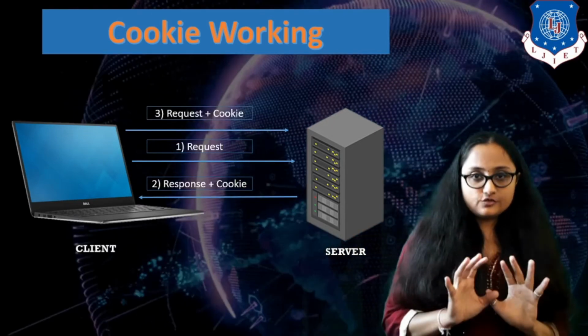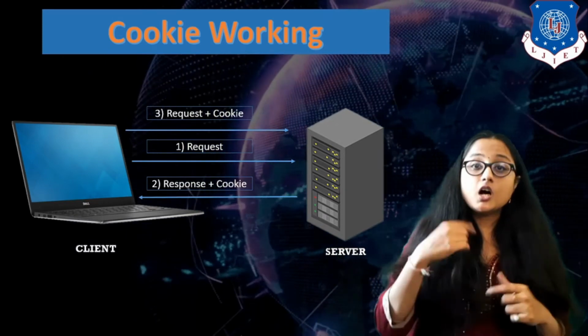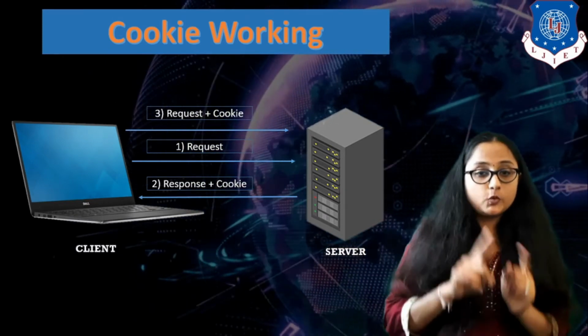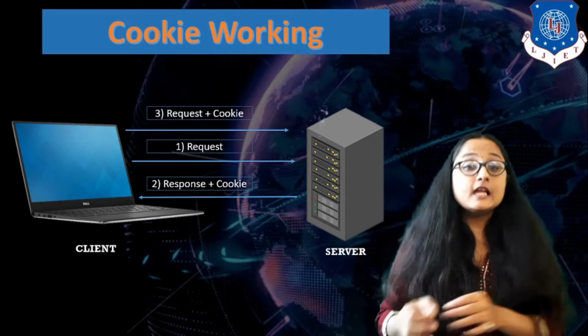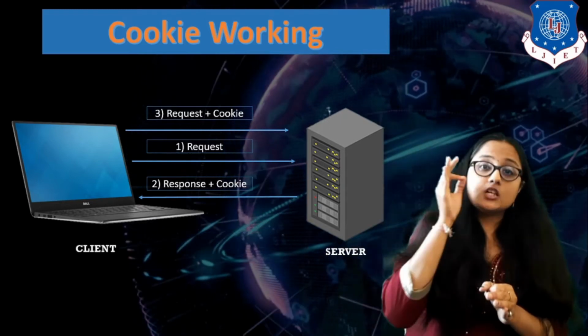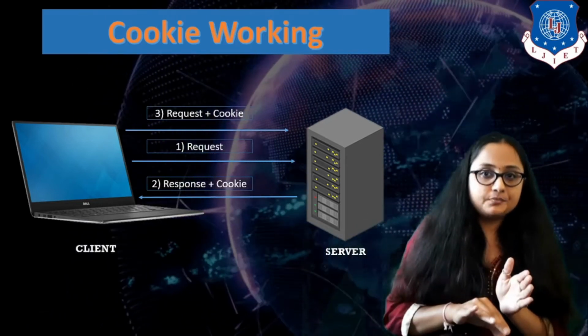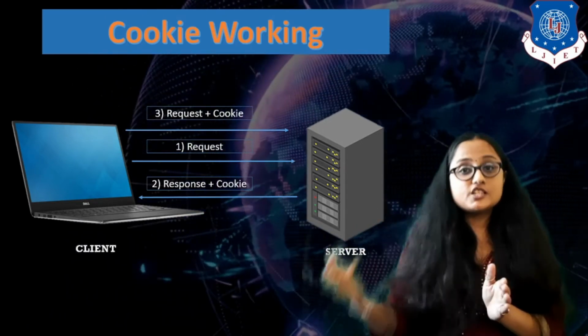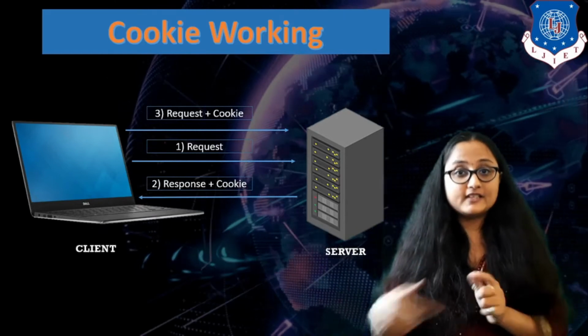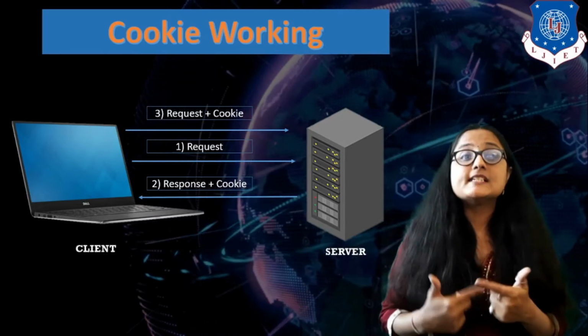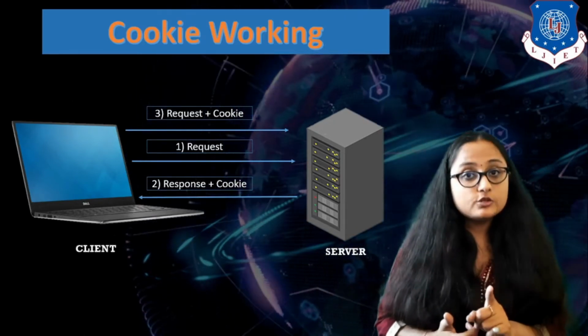Now once this cookie is stored in the browser, when the same user requests some page from the server again, along with the request, the browser will also send the unique identifier that it received in the previous response. In this way the server will identify that the request is coming from the same user. Why is it able to identify?